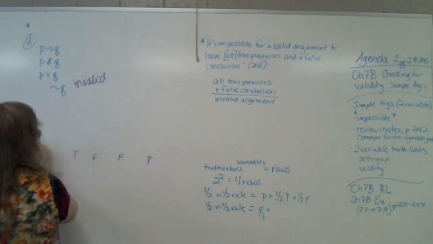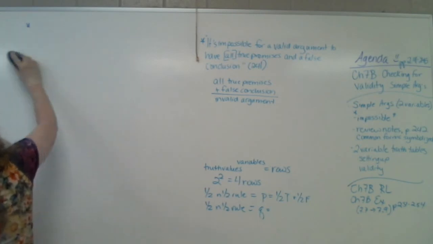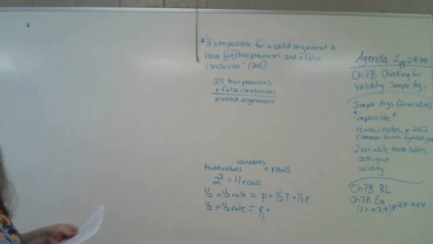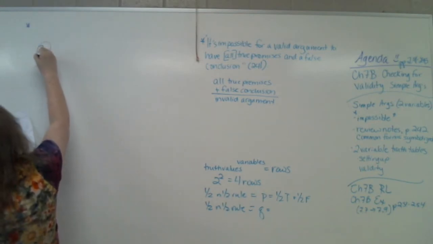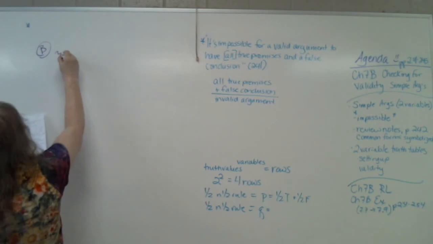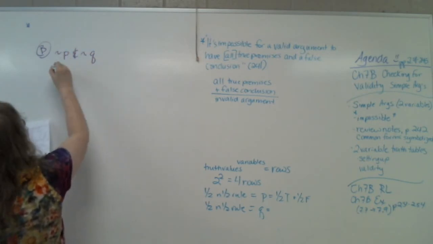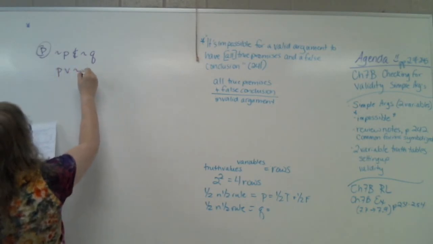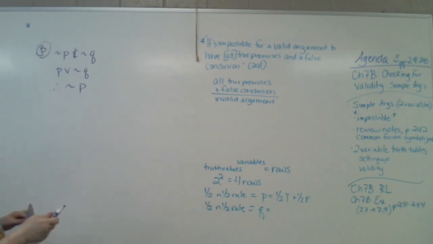I want to do two more so that you can have a little bit of a range of examples. My second one, B: not P and not Q, P or not Q, therefore not P. Now this is going to be one of the first fun ones.